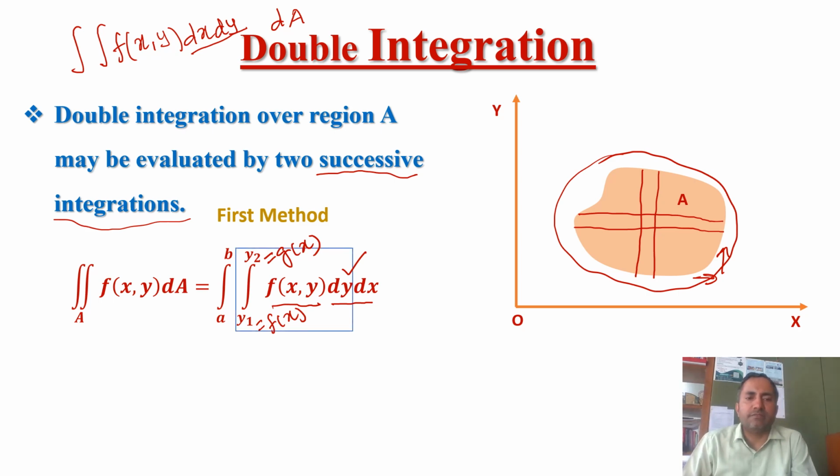First we are integrating the function with respect to y, so we keep x as a constant. After evaluation, the whole term will be converted in the form of x, and then the simple integration you can integrate with respect to x by putting the limit a to b. Here a to b is constant.